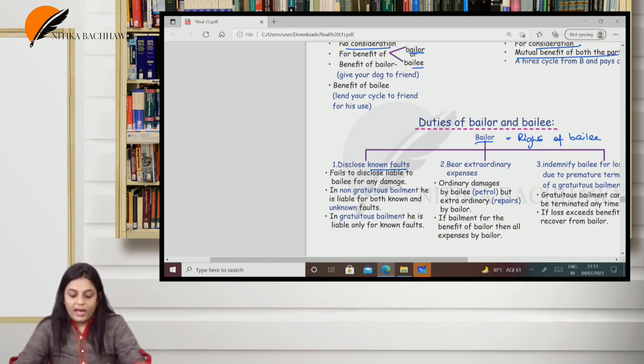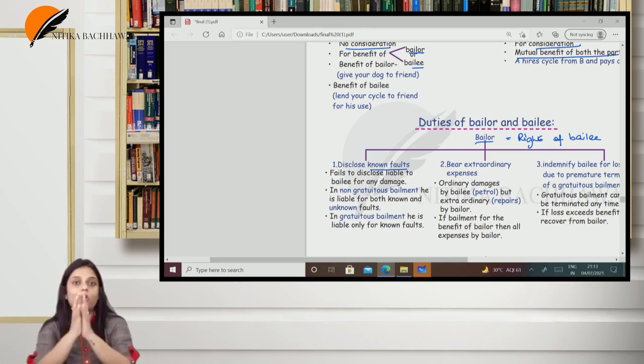So if there are any faults in the goods, it is the duty of the bailor to inform the bailee about the goods. If he fails to do so and the bailee suffers any damage, he can claim those damages from the bailor. Now here there are two concepts.